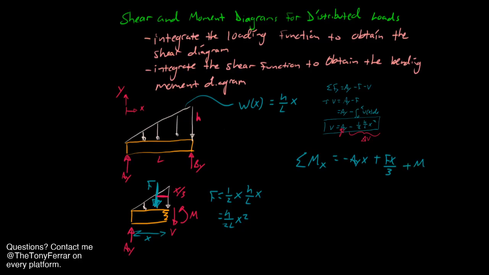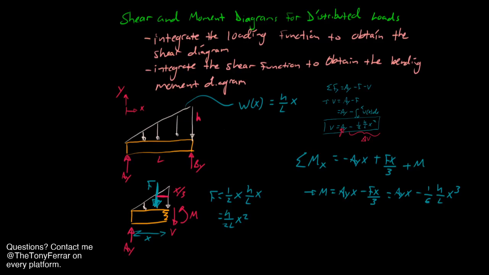So we can solve this for m and see that m is equal to Ay times x minus f times x over 3, which is equal to Ay times x, and we already saw f was equal to this 1/2 business, and so minus 1 over 6 h over L x cubed.